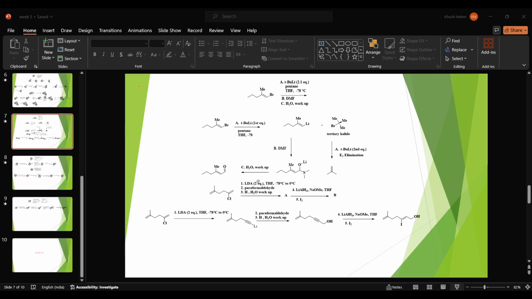If you are planning an 8 or 9 step synthesis, you have to be very careful about your reagents.